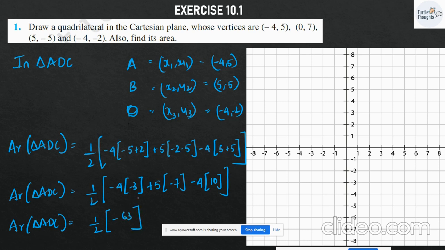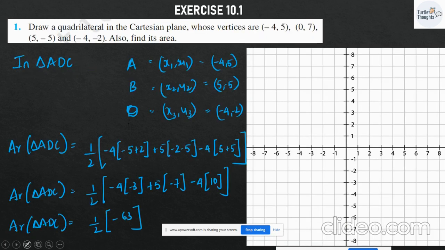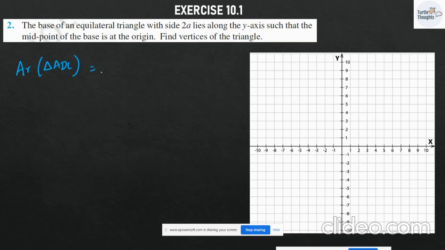So minus 63 divided by 2. So this will be the area of triangle ADC. Should I consider minus over here? No, right? Because area cannot be in minus. So I can write 63 by 2 unit square.